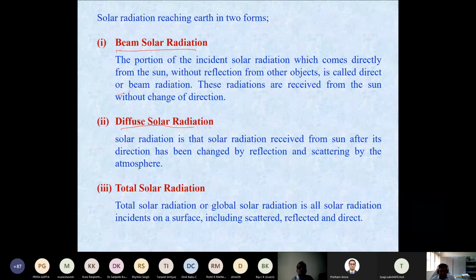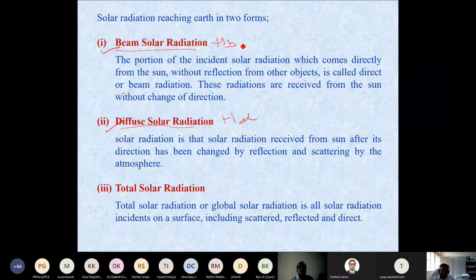As I told you, beam solar radiation is sometimes known as direct solar radiation, normal direct. Basically these are the same thing. Here we mainly use beam radiation and diffuse radiation. I use H for radiation, B for beam radiation, and D for diffuse radiation.